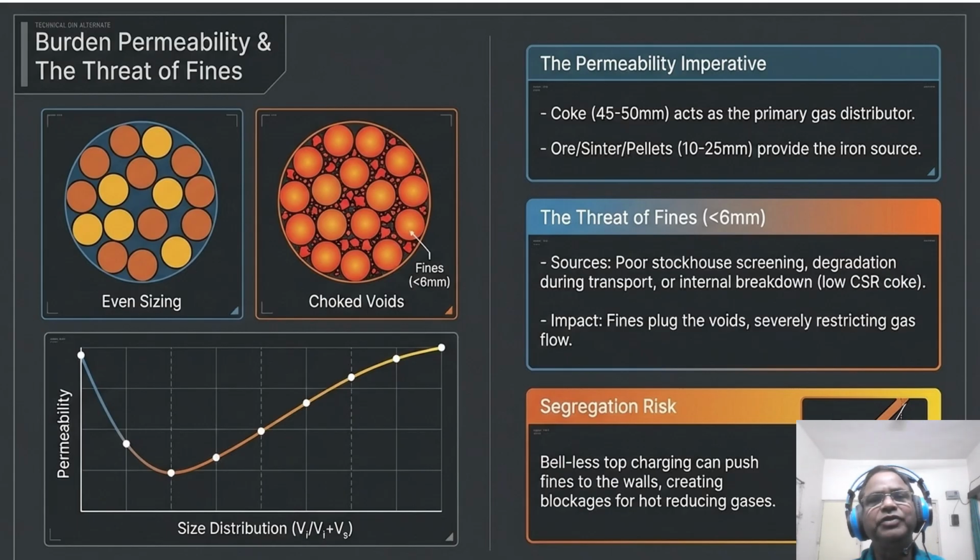So we need to take fines as not only a geometrical dimension; it is also about physical characteristics. We have to see how this different density segregates in the blast furnace in a different way. So that also becomes a complex issue in our furnaces.